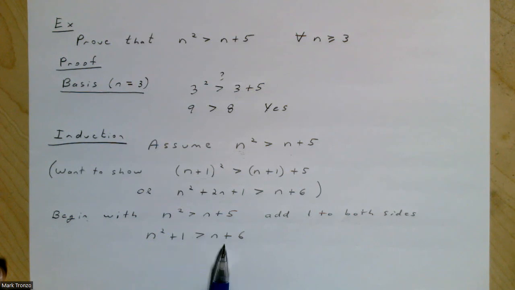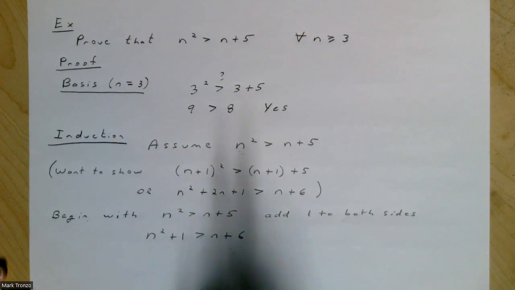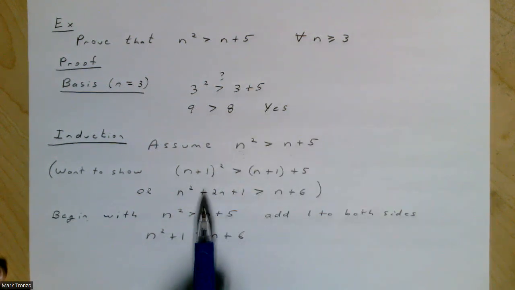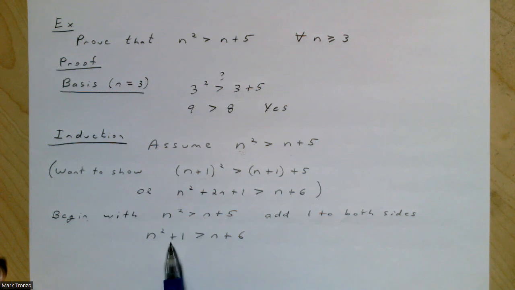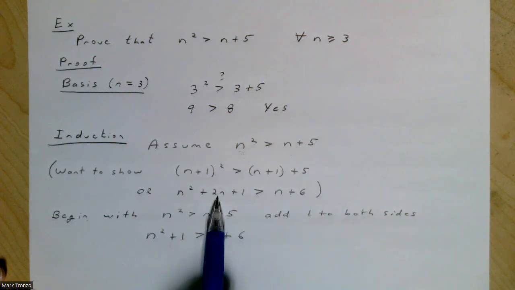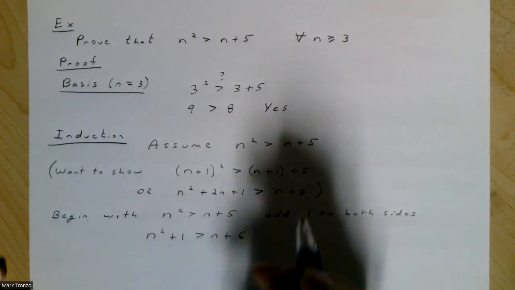If you have this bigger than this, and you add a positive number here, then this is still going to be true. And so what we'd like to do is add 2n over here. Of course, since n is always greater than or equal to 3, 2n is always going to be positive.